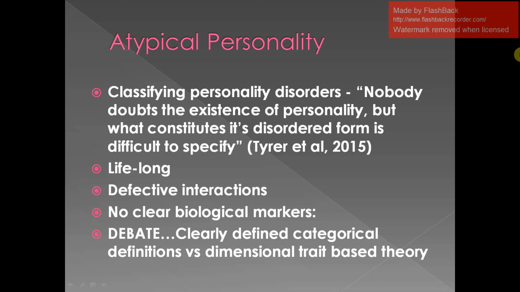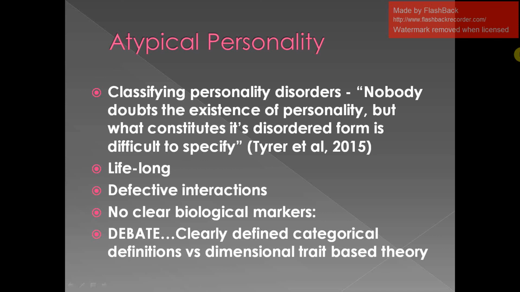Atypical personality: how do we classify atypical personality in terms of personality disorders? Tyrer et al. 2015 state that nobody doubts the existence of personality, but what constitutes its disordered form is difficult to specify.